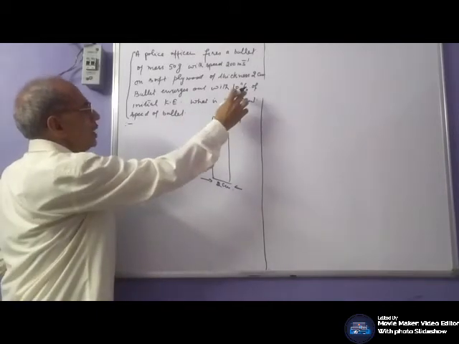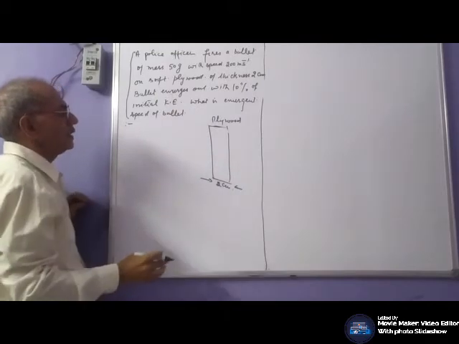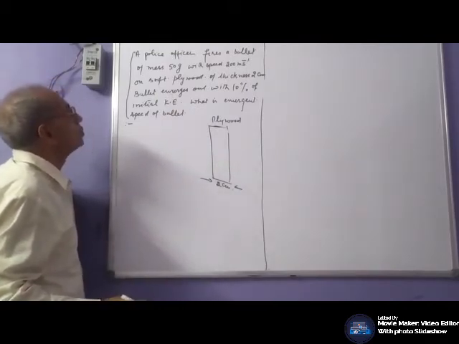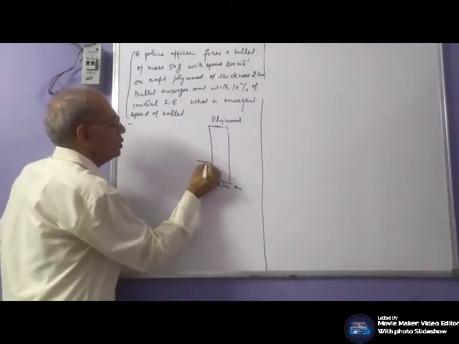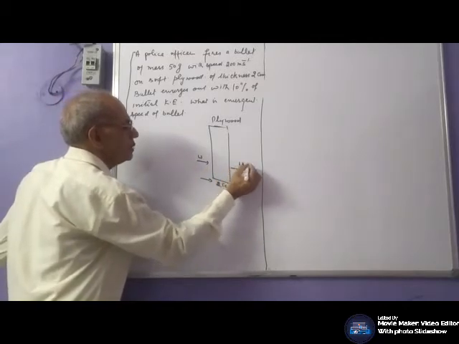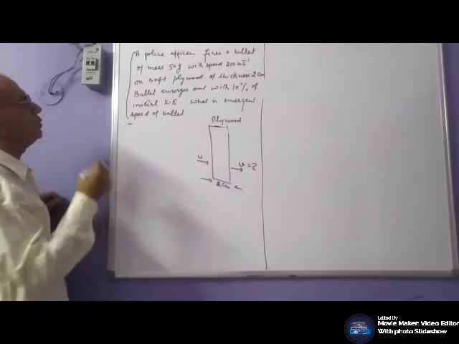The bullet emerges out with 10% of its initial kinetic energy. What is the emergent speed? Let u be this speed. The emergent speed will be, say, v. So we have to find out v.